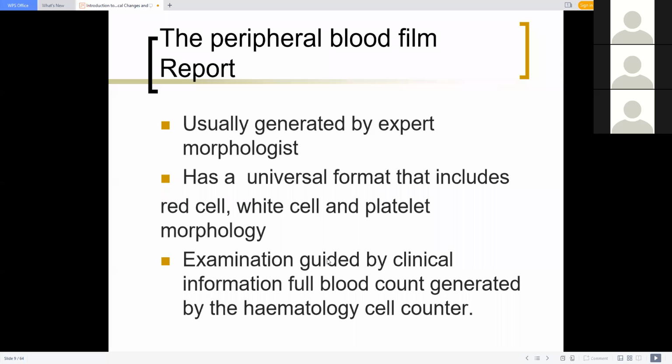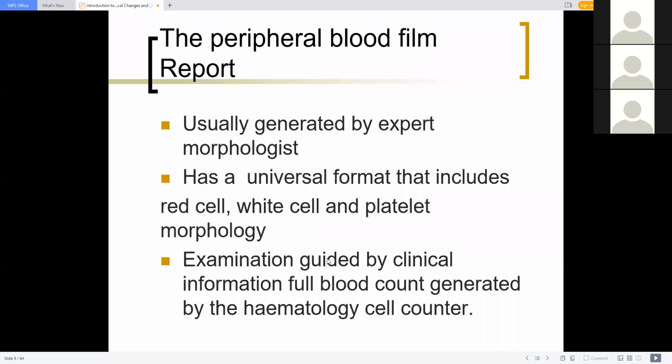So today we're just looking at changes in the red cell morphology. But when we generate the report, we look at everything. This report has a standard universal format. So whichever health facility or institution you practice in all over the world, the format is the same. The report is the same.